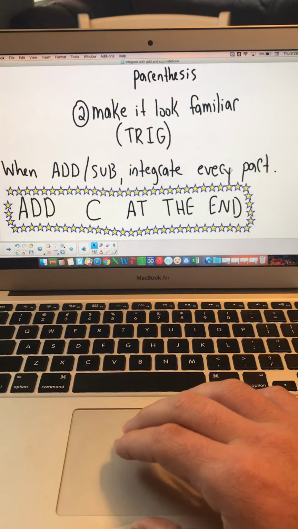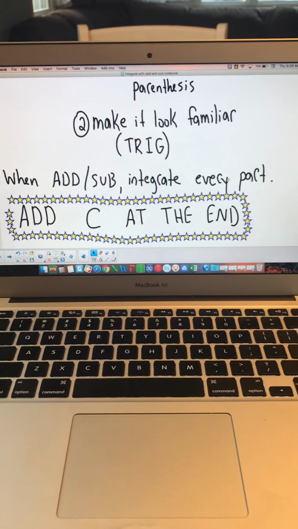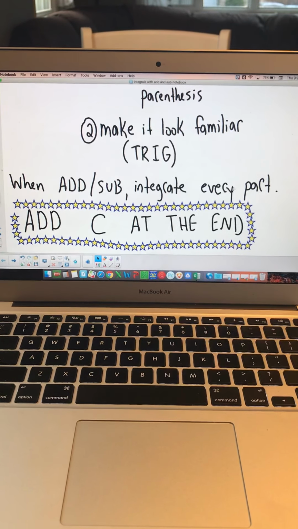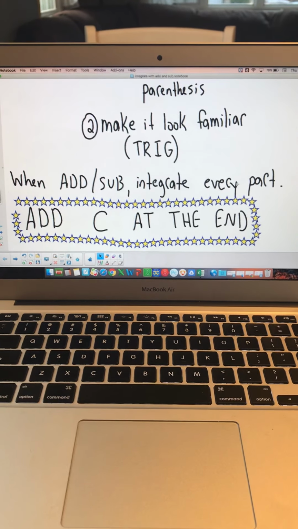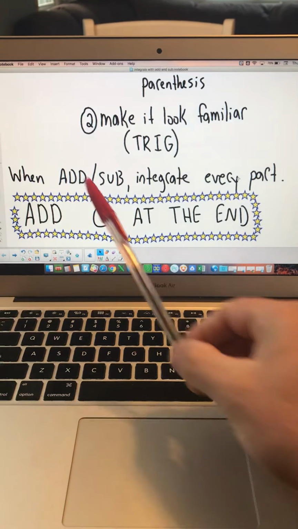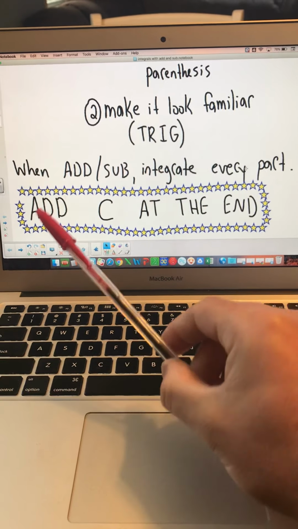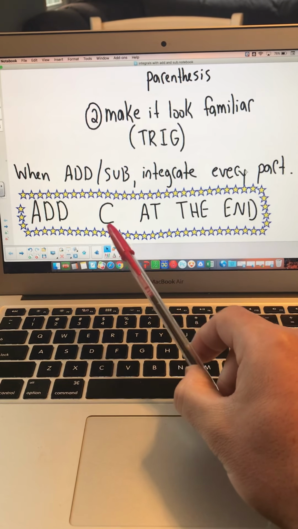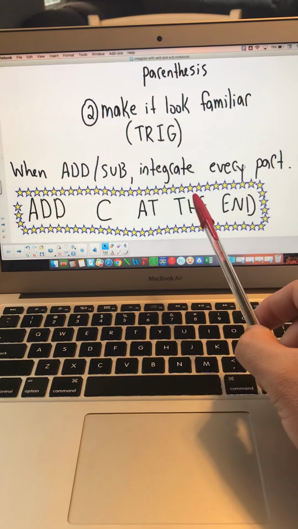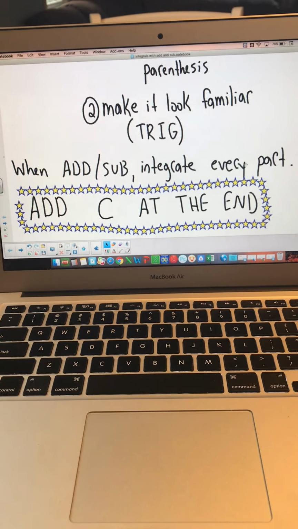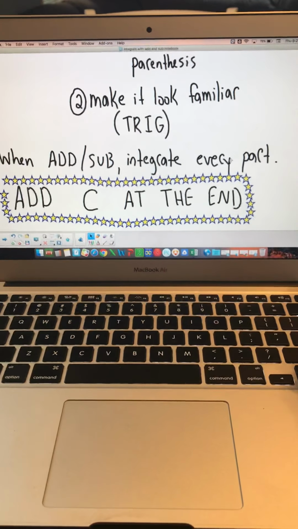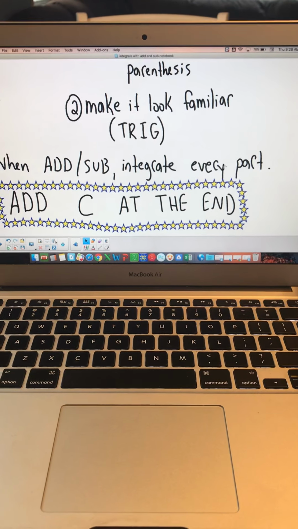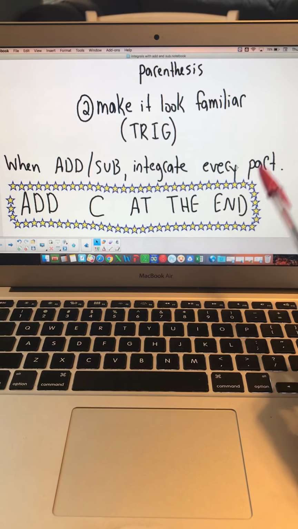Here is one of the most important things when integrating on an indefinite integral like we're going to be doing. We're going to be integrating every part just like we did when we derived. But this is important. Our boy, C, has to get added at the end. You'll see when we do an example. C substitutes for a constant that could potentially have been in the original equation.